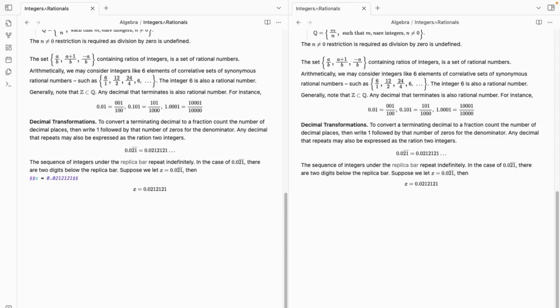Now multiplying x by 100 is going to move that decimal place exactly 2 places to the right.